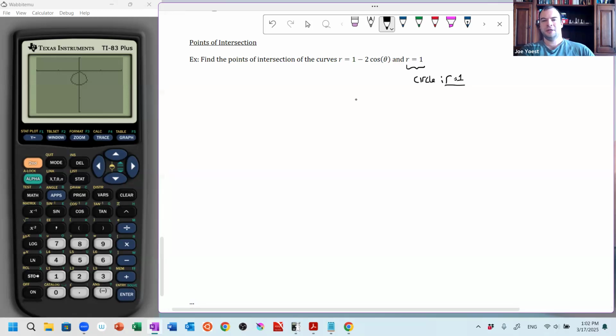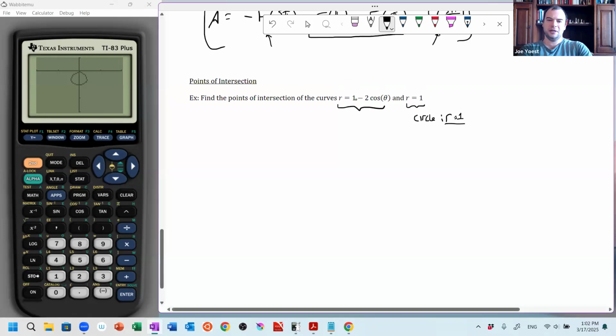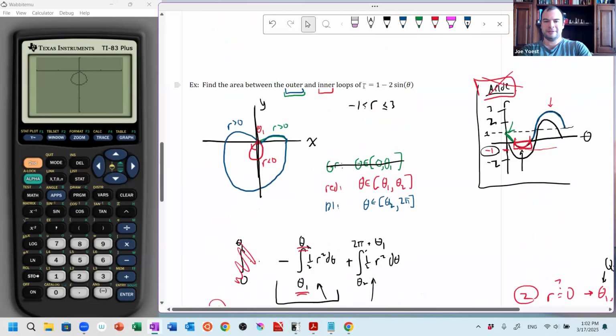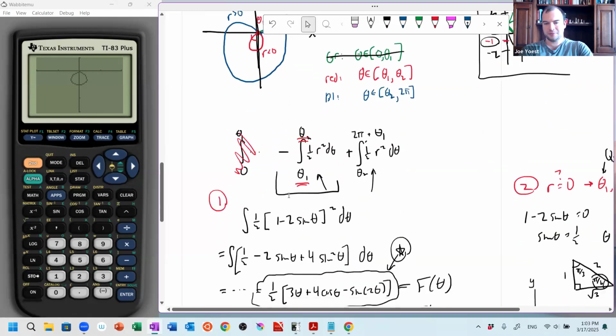And r equals 1 minus 2 cos theta: cosine is basically just like sine, but shifted 90 degrees. This looks a lot like this picture. It should look like this curve here, just rotated 90 degrees.